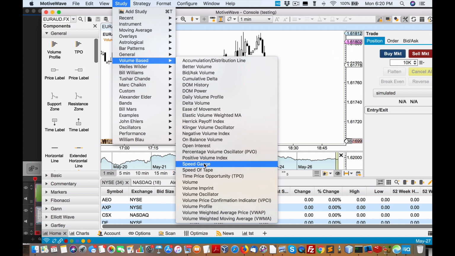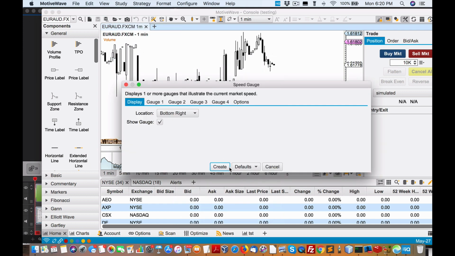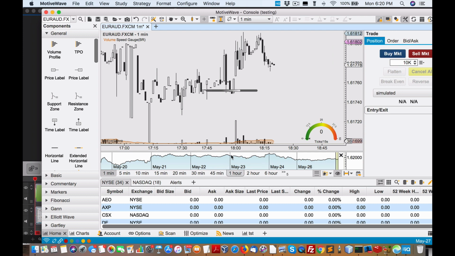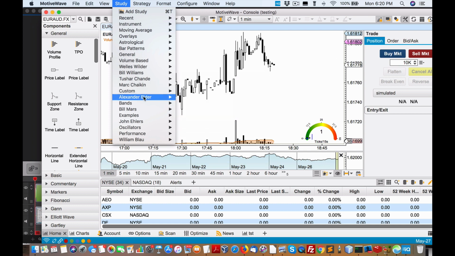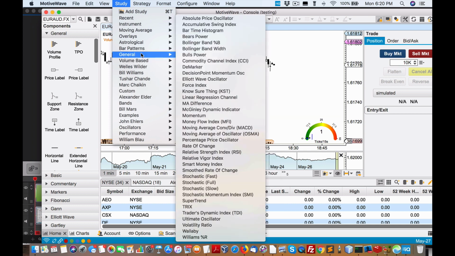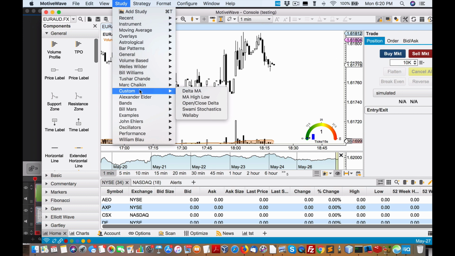We want speed gauge. Okay, that helps. We wanted, where could I find, was it performance? Under here, performance. I'm sure you're yelling at me.